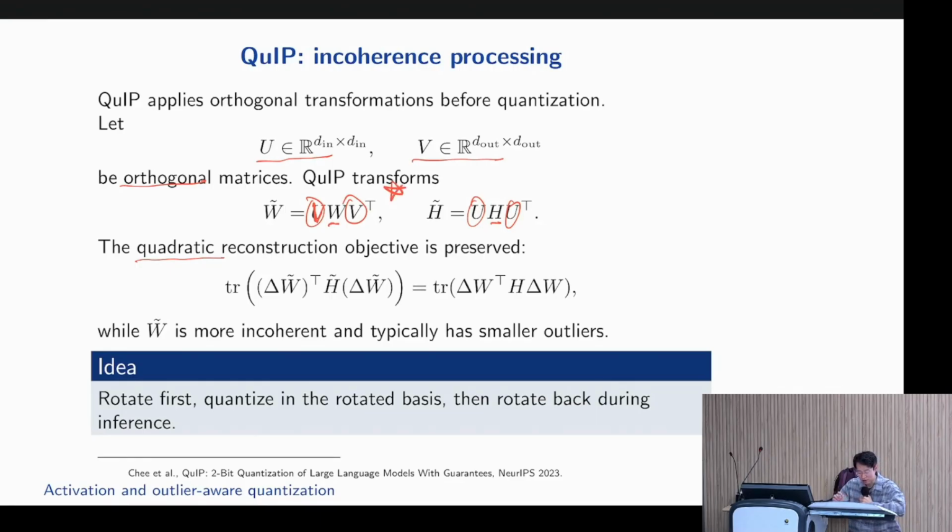So the quadratic reconstruction objective that we looked at before is exactly identical, just because of the property of orthogonal matrices. So we're going to rotate these matrices and rotate back during inference. So we're going to rotate, quantize, and when we need to compute, we're going to dequantize.